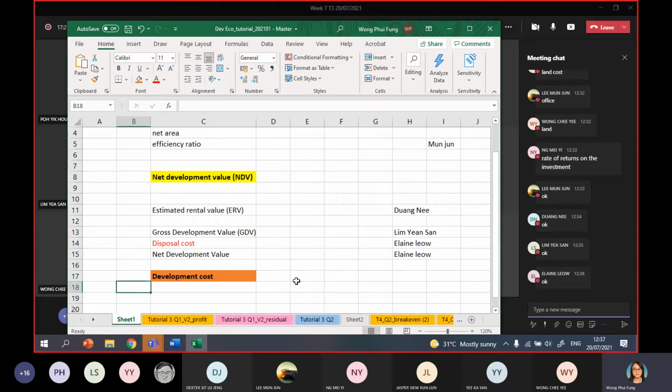Then straight away, I need Jasper to give me the land cost and all the fees, the site acquisition fee. So Jasper, can you do that?